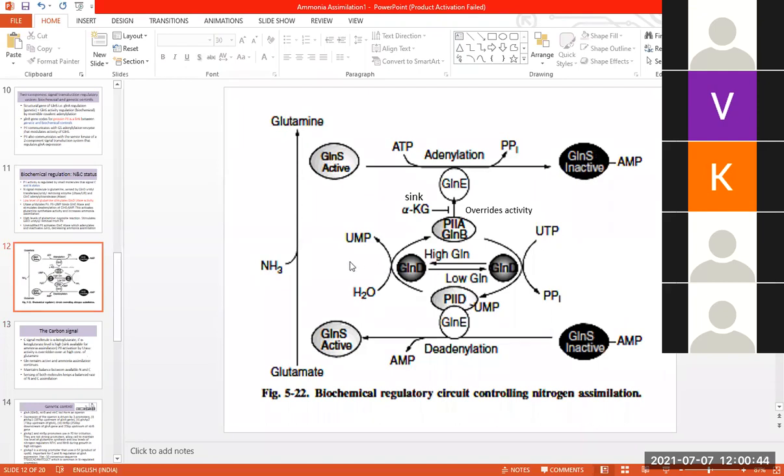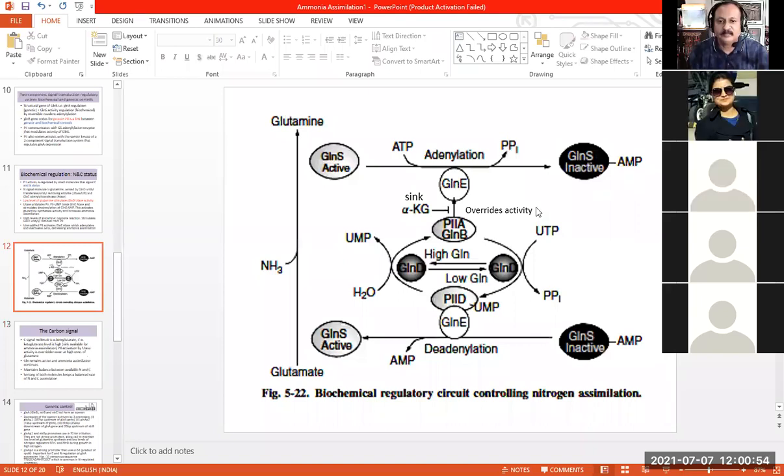Can you explain the other half, that is high concentration of glutamine? If that is the situation, then what will happen? Sir, if glutamine concentration is high, GLND is a sensor kinase enzyme. It converts P2D protein to P2A protein.